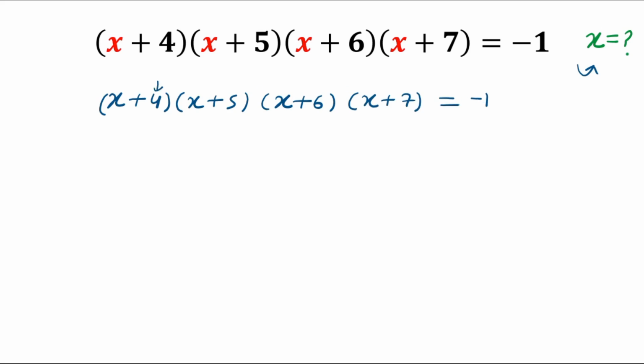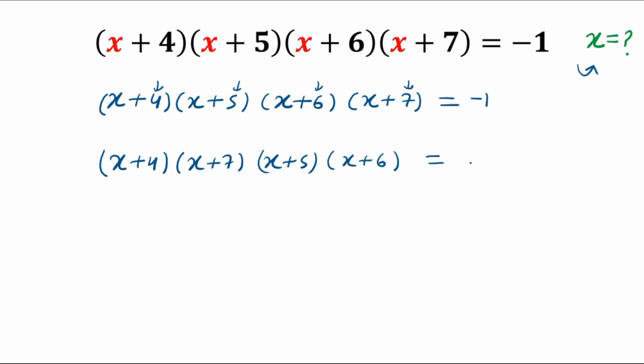Look carefully here, 4 and here 7. 4 plus 7 is 11 and 5 plus 6 is also 11. So first of all we will multiply (x+4) by (x+7), and (x+5) is multiplied by (x+6), and this is equal to -1.